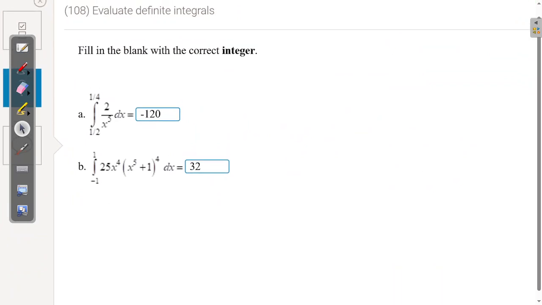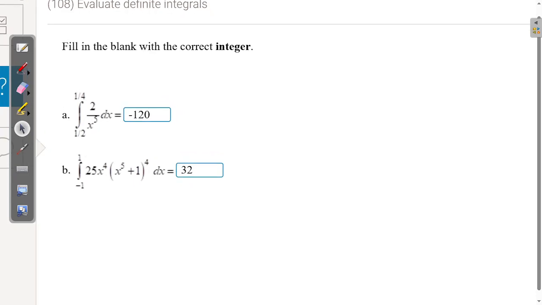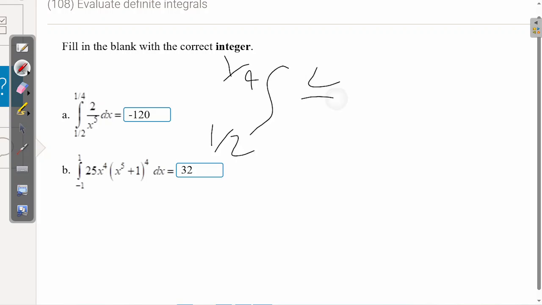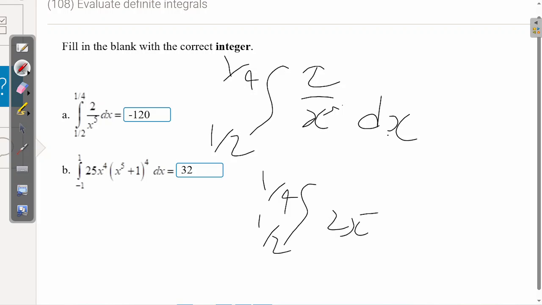Okay, so here, the integral from 1 over 4 to 1 over 2 of 2 over x power 5 dx. Now what do we do? We want to integrate, so let's bring the power up. So 2x power negative 5 dx.